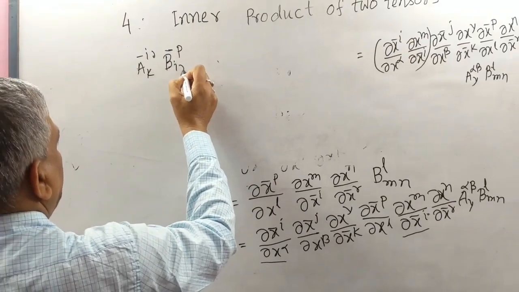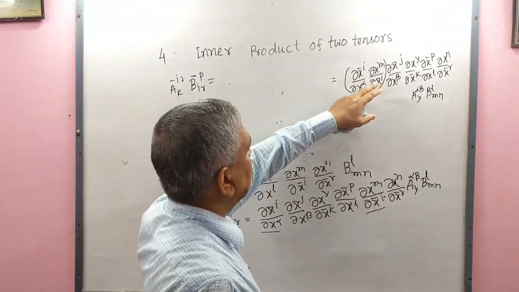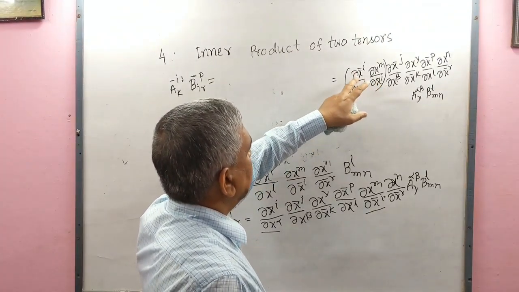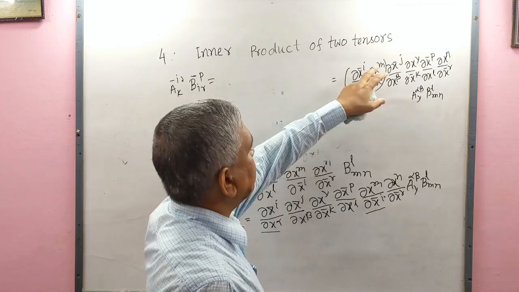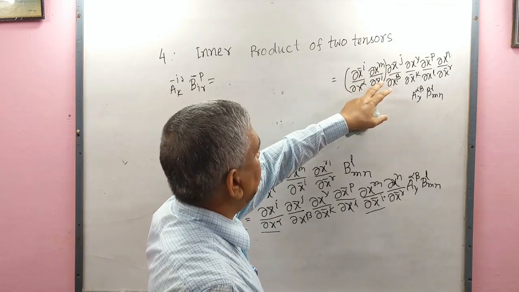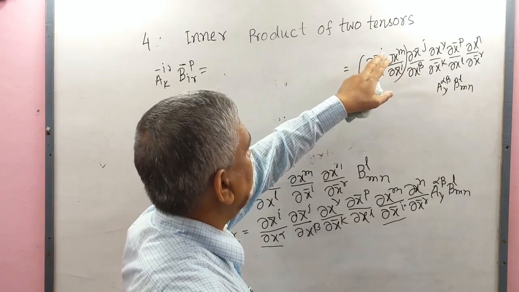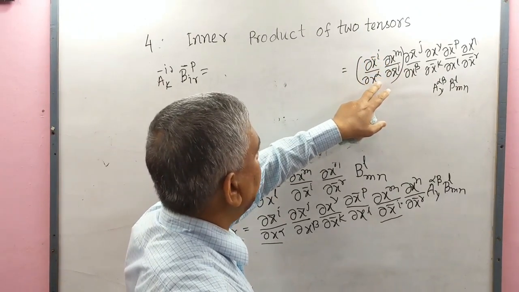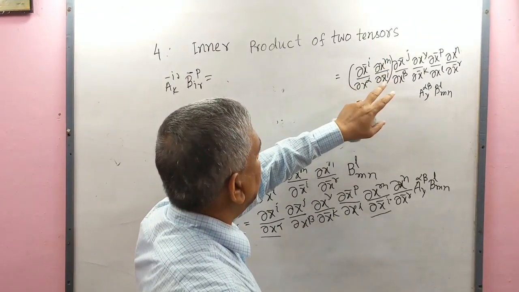B bar pir equal to, here i is a dummy suffix, so del x bar 1 by del x alpha, del x m by del x bar 1 plus del x bar 2 by del x alpha, del x m by del x bar 2 and so on.